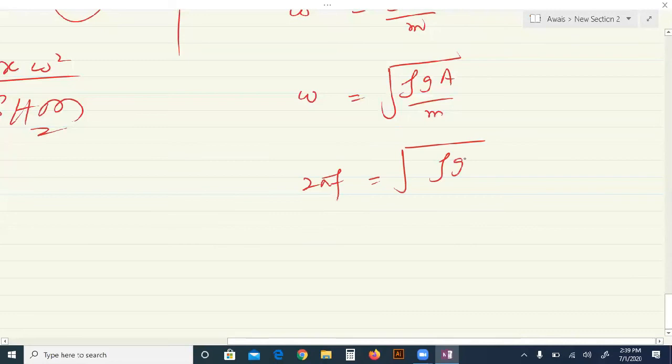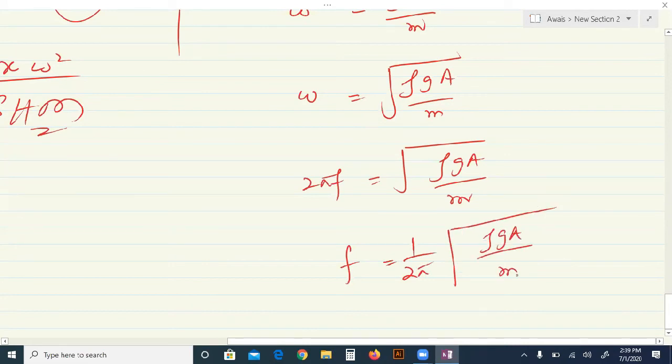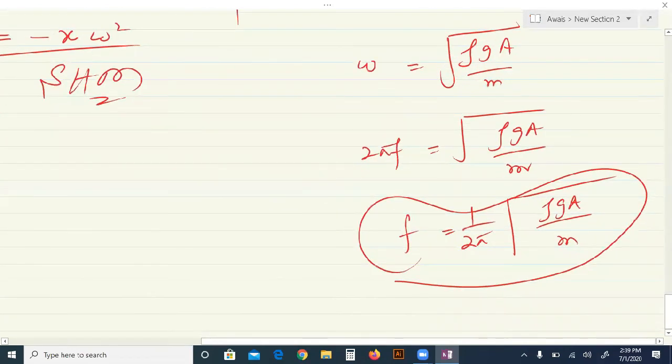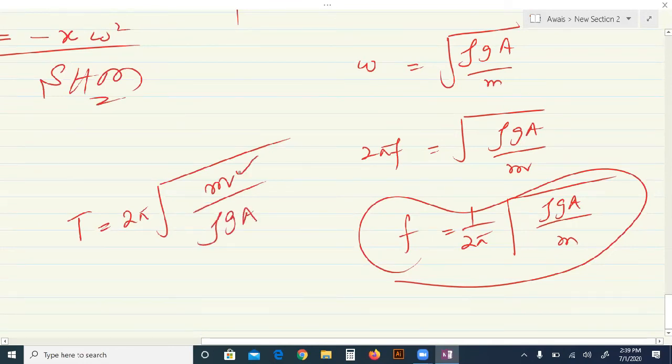So f is equal to 1 over 2 pi under root rho G A over m. So this is the formula for the frequency. Similarly, you can write the time period, 2 pi under root of m divided by rho G A. m is the mass of the tube with the sand, A is the cross-sectional area of the tube, g is 9.81, and rho is the density of the liquid.